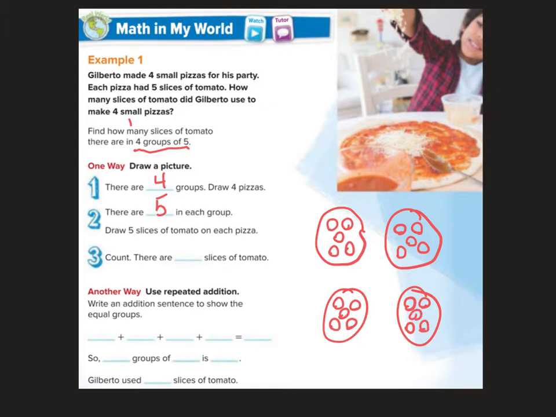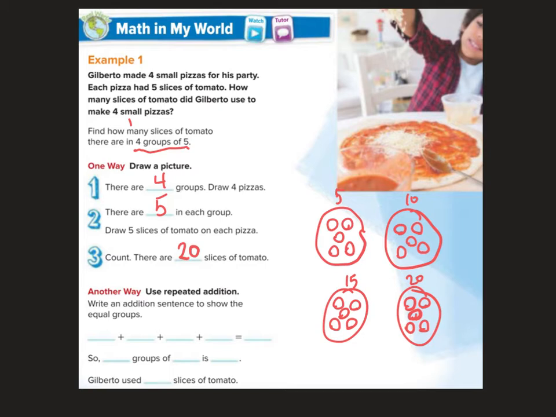We can count by 5s. So we have 5, 10, 15, 20. There are 20 slices of tomatoes on the pizzas.